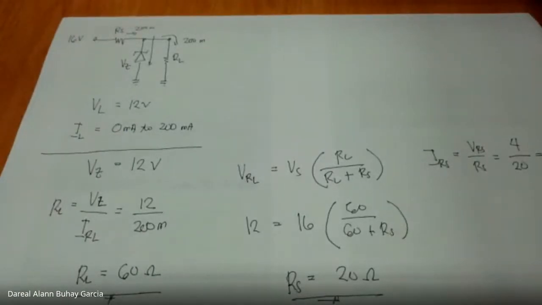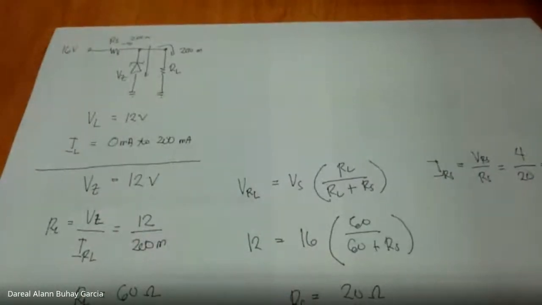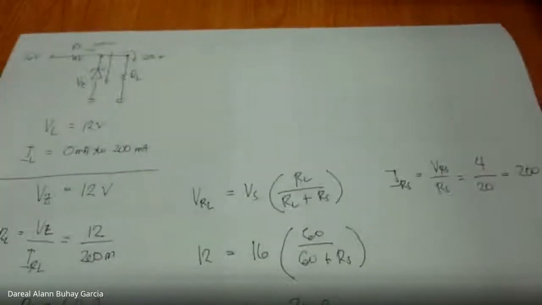Well, 12 divided by 1 milli is 12K. If 12K siya, kung 1 milliampere, 12K and RS would be 4K. 4K si RS.